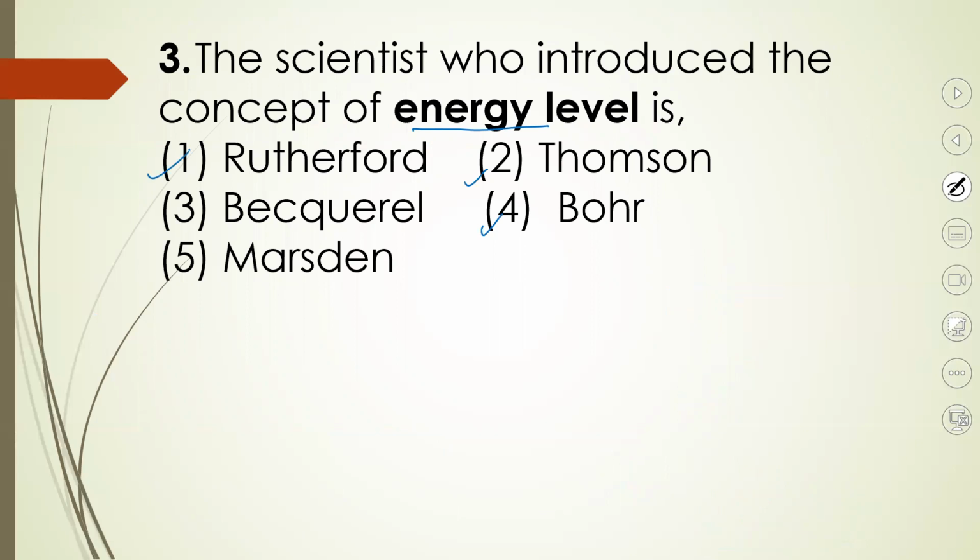These people, Marsden, not Bagwell. These 4 people were somehow involved in atomic structure. They proposed certain things, like Bohr proposed an atomic model, Rutherford proposed an atomic model, even supported by Marsden. Rutherford's work is supported by Marsden.